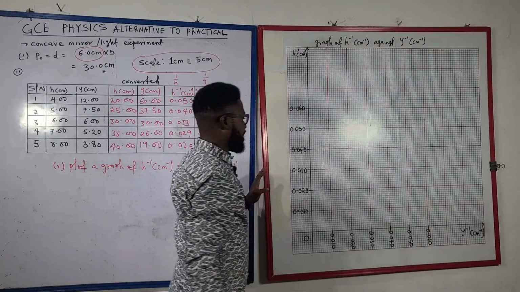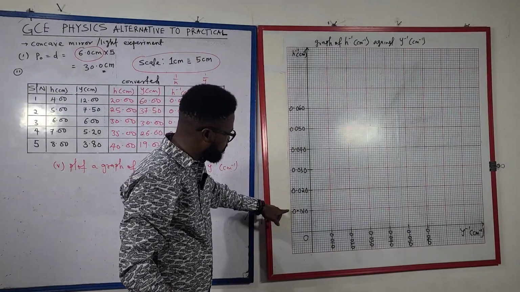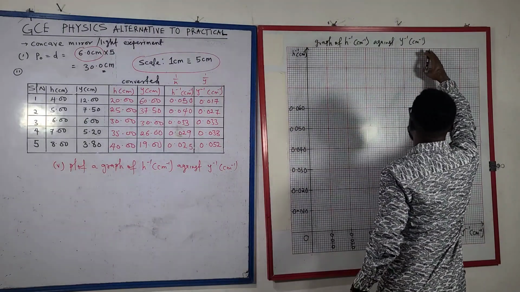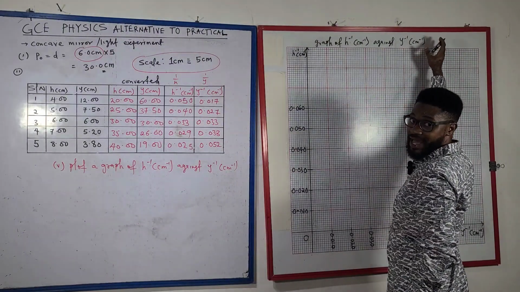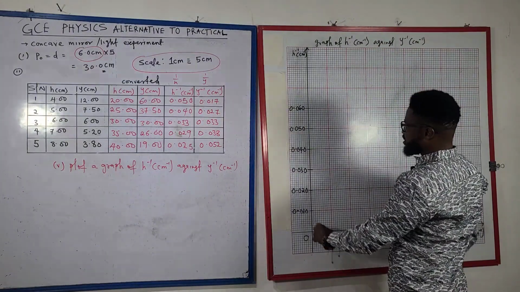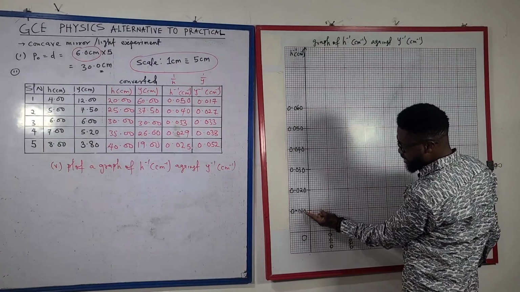Of course, take note, this is 2 centimeters. So I need to write my scale somewhere around the edge of the graph. In this case, I should state it clearly. From here to here is 2 centimeters.